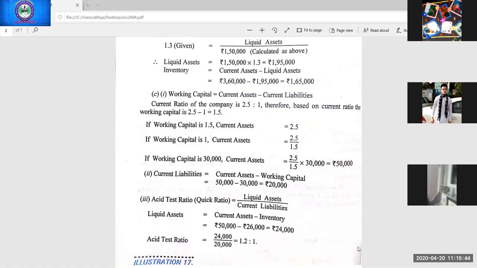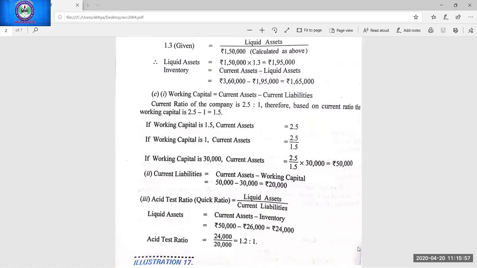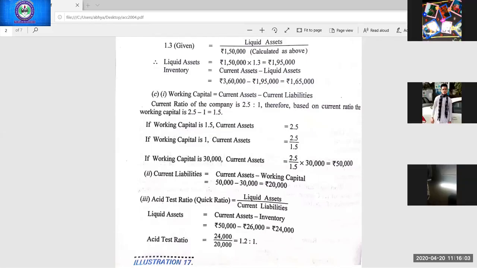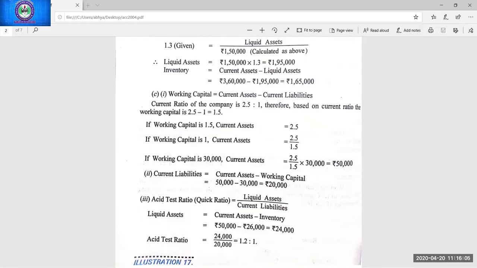Then put the values in the liquid ratio. Liquid ratio is liquid assets upon current liabilities, where liquid assets are current assets minus inventory. So the acid test ratio is 1.2:1. Yes. Please tell me, is your answer correct so that I can go for the next questions?